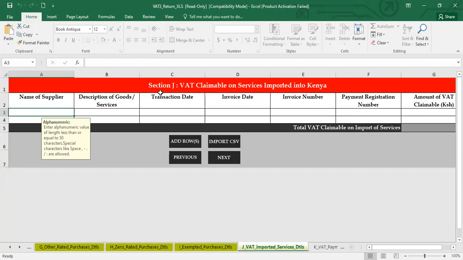So this is section J, VAT claimable on services imported into Kenya. Basically, this is where you claim the VAT.